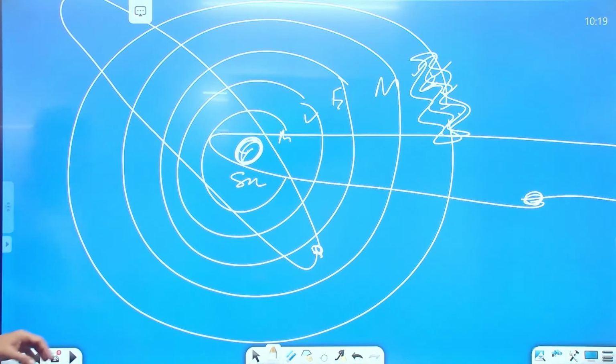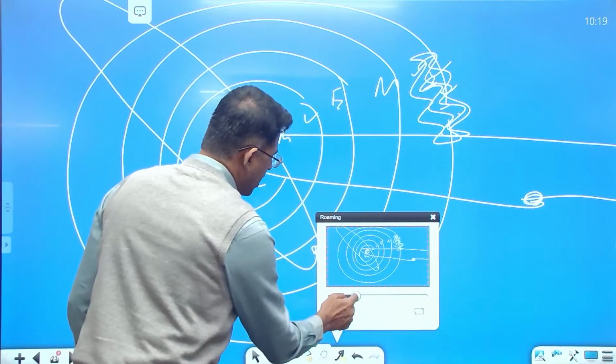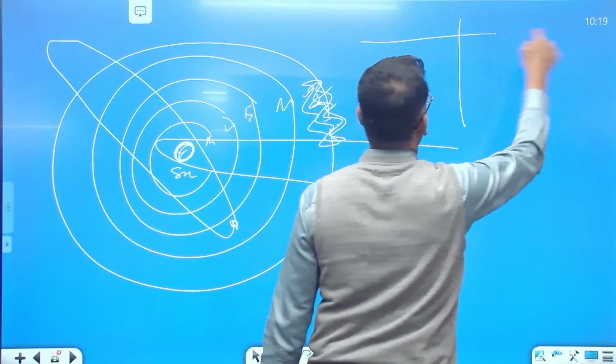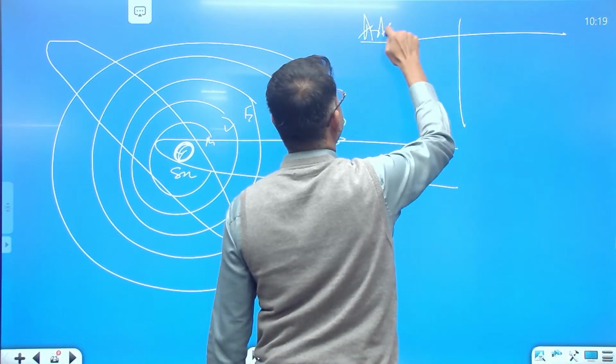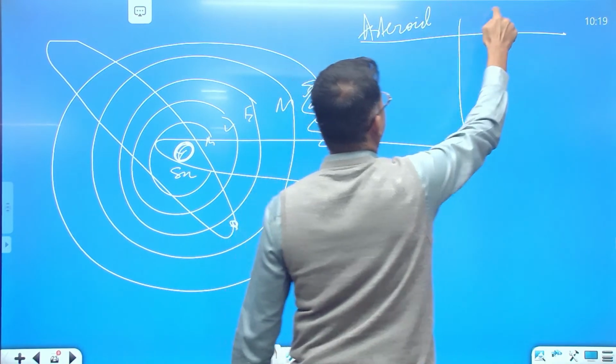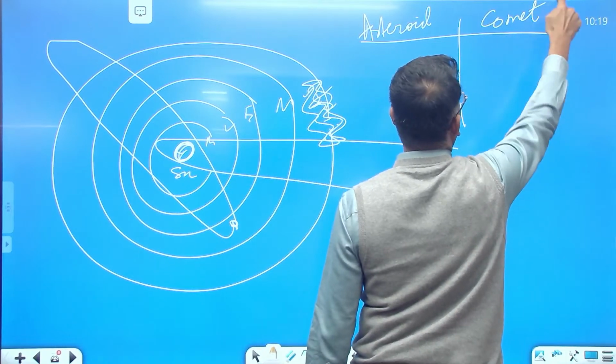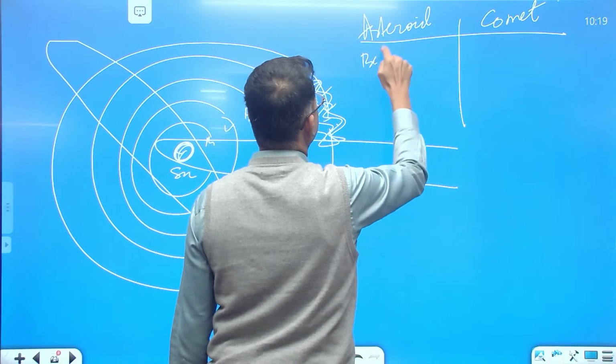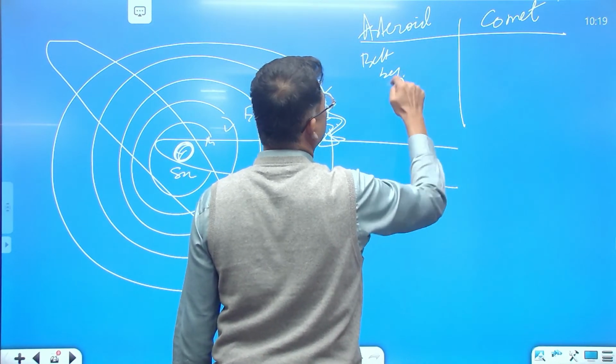Okay, so some of you are asking, clarify, how is an asteroid different from a comet? Fine, it's a fair question. एक तो asteroid का एक belt है that is beyond Mars.